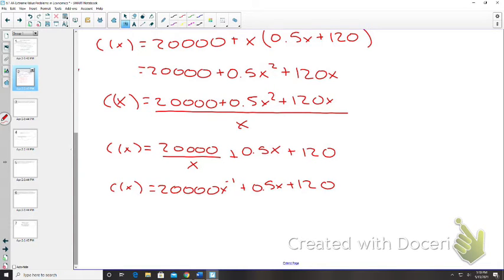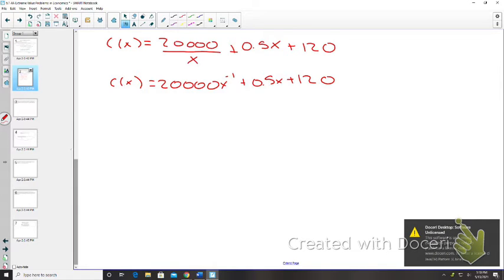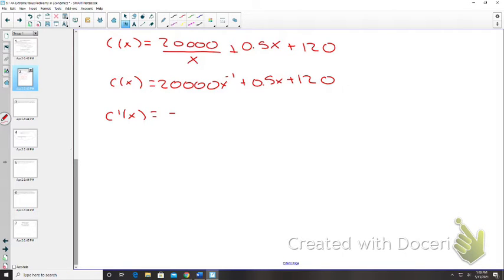Okay, so this is our average cost function here. Now let's go ahead and find C prime of x. 20,000 multiplied by -1 is negative 20,000 x to the negative 2 plus 0.5.